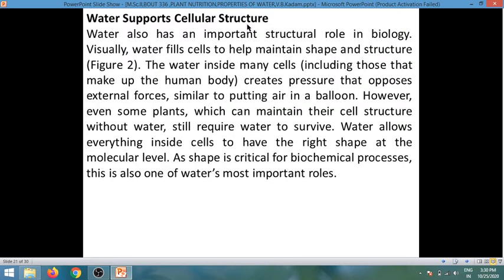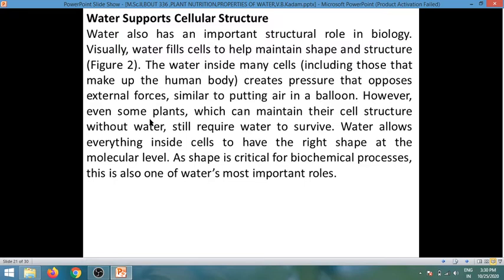Water supports cellular structure. Water also has an important structural role in biology. Visually, water fills cells to help maintain shape and structure. The water inside many cells, including those that make up the human body, creates pressure that opposes external forces, similar to putting air in a balloon.